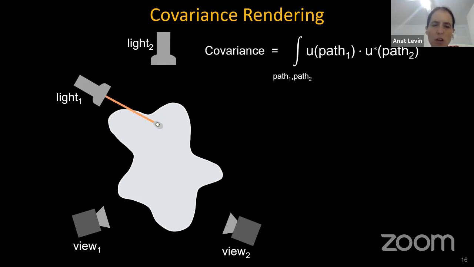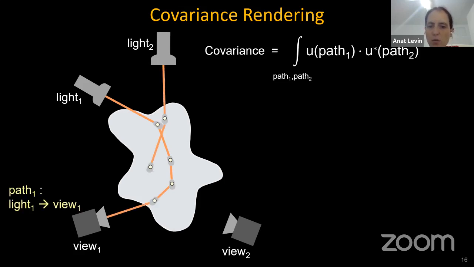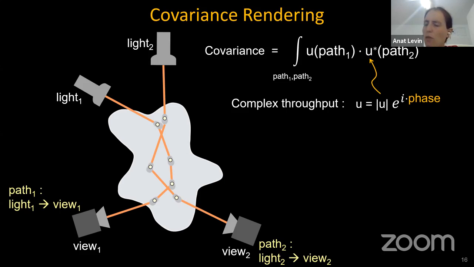And we need to look at all pairs of paths from light 1 to view 1 and from light 2 to view 2. And every path has some contribution. Now, because we are dealing with a complex field, the contribution can be a complex number, not just a positive number as in the case of intensity, and it has a phase. And the phase is basically proportional to the length of the path.